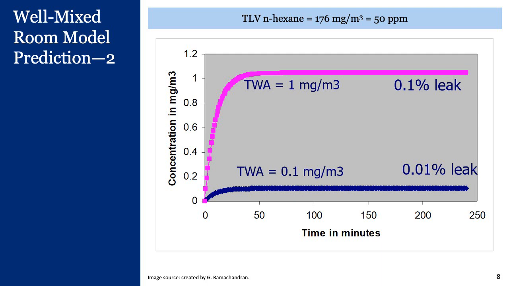At the top of the slide, the TLV for N-hexane is given as 176 milligrams per cubic meter. But as these two plots show, even though the leak rate might be off by a factor of 10, the TWA concentrations are so much lower compared to the threshold limit value that we can easily say it does not matter that we don't know the leak rate exactly. And our decision about what to do in this case would not be that different.